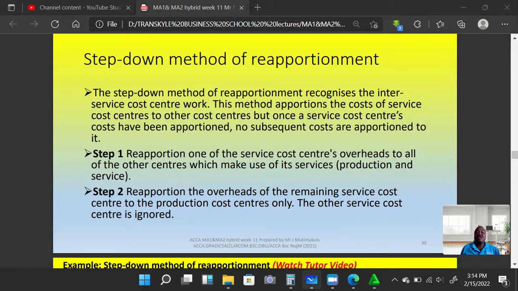Then reapportion the overheads of the remaining service cost center to production cost centers only. The other service cost center is ignored.